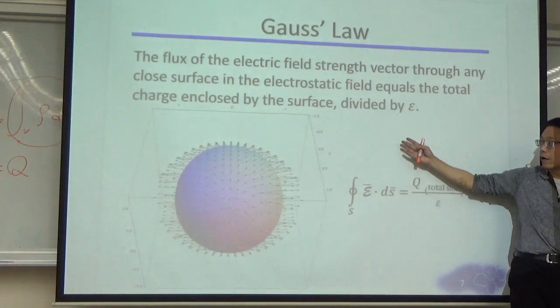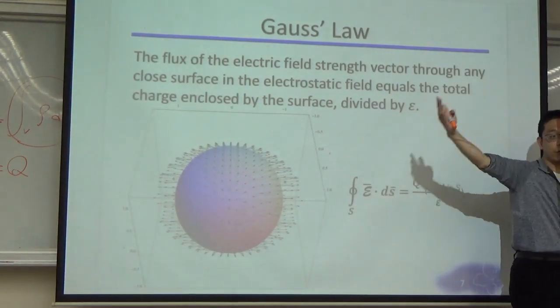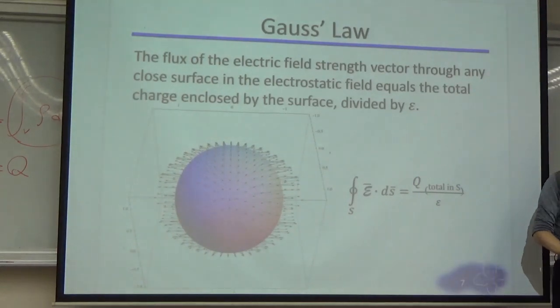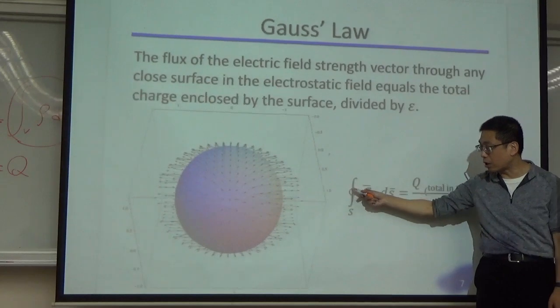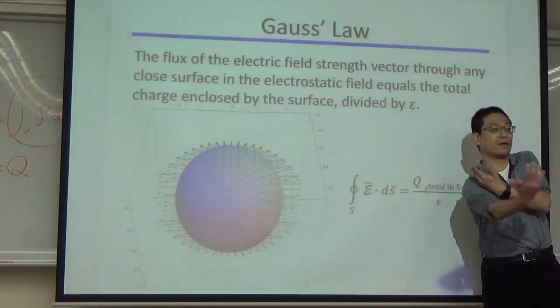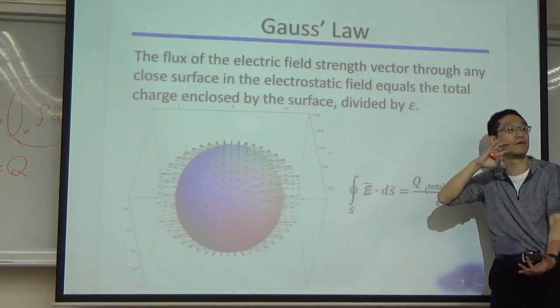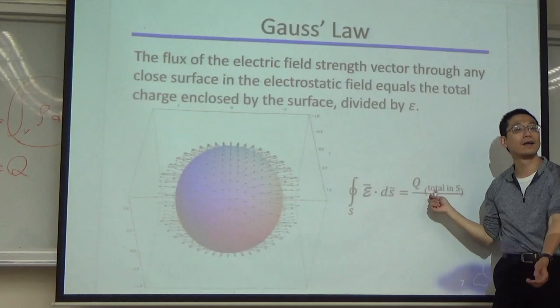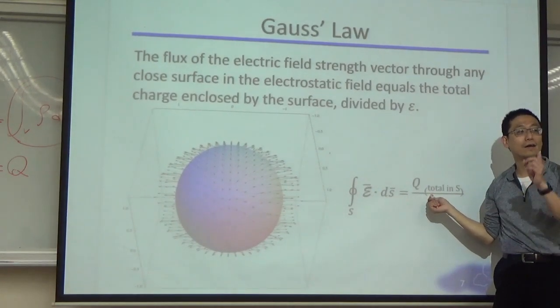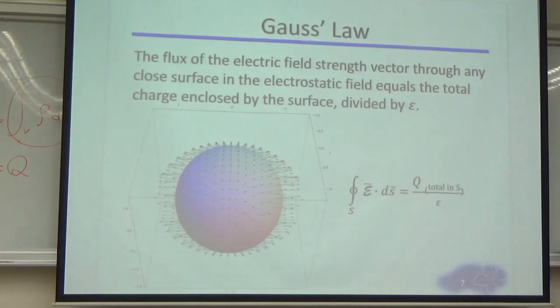But this is one of the important rules. You take the integration of D, but you should remember this is closed. You need to make it closed. You need to integrate over the whole surface. Then you know how many charges are inside. Okay, this is the first thing you have to learn.